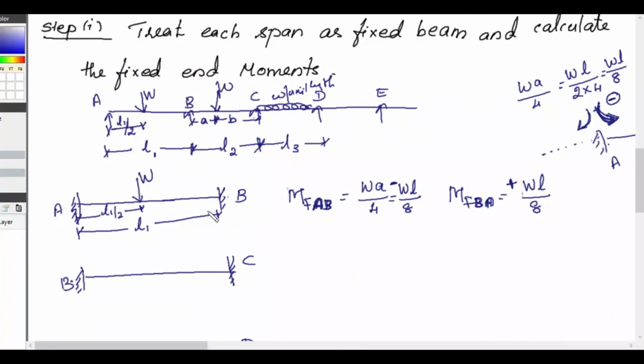So when your span has a concentrated load at the center of the span, your end moments will be plus or minus WL by 8. So here it is minus WL by 8 anti-clockwise and here it is WL by 8 clockwise.